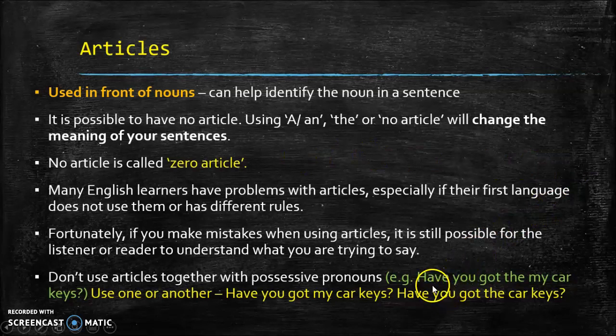So, for example, you might see a question like, have you got the my car keys? And that's wrong. You need to use one or the other. So you say, have you got my car keys or have you got the car keys? This is one of the mistakes that I sometimes see in my student writing.